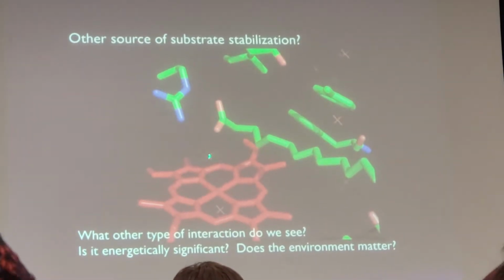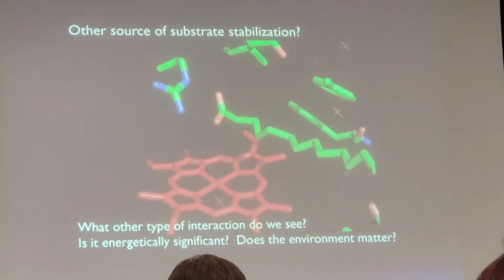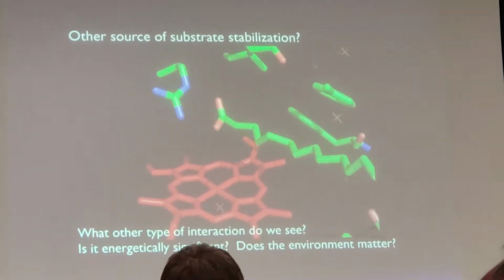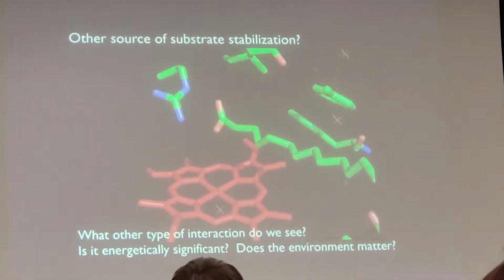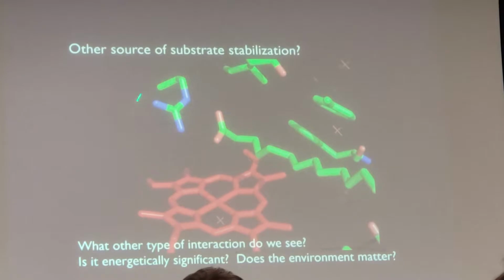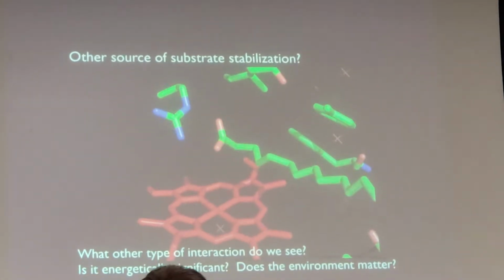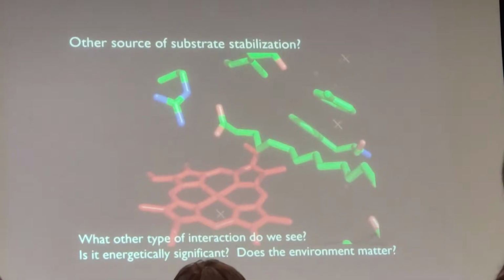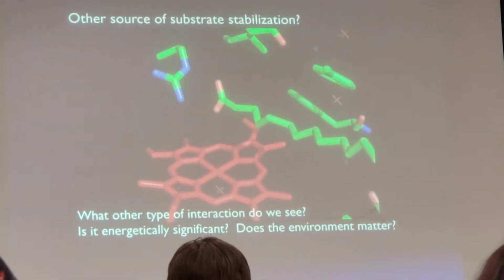Here is the carboxylate of the fatty acid. So what type of interaction is this? It's probably some hydrogen bonding, but otherwise there's a nice charge-charge interaction. This guy is positively charged. This is an acid that's negatively charged, at least at this pH. All right, so it's a charge-charge interaction in a really hydrophobic site.